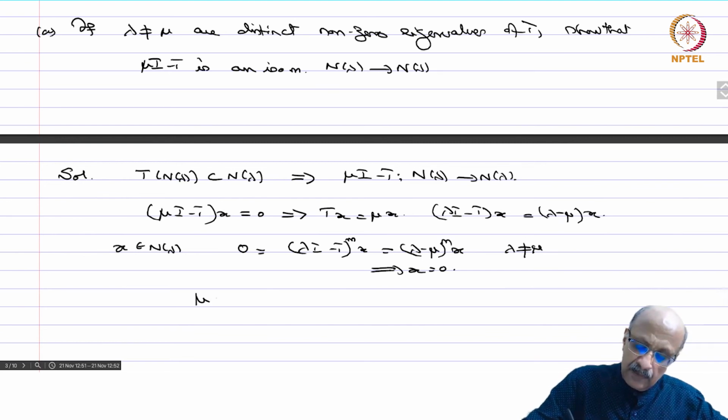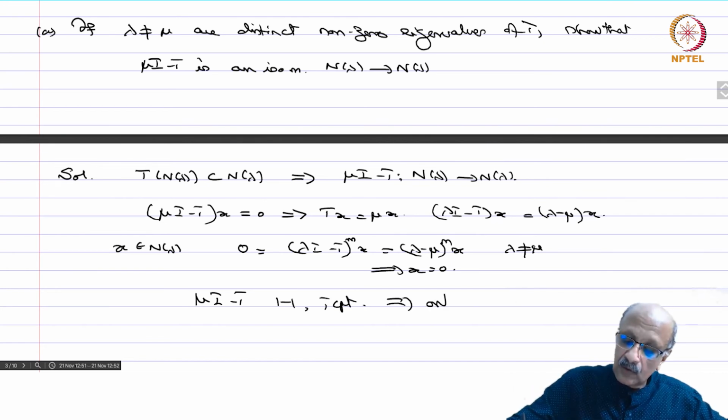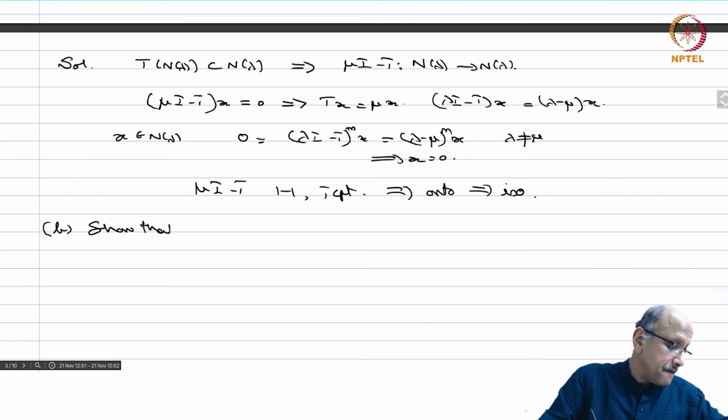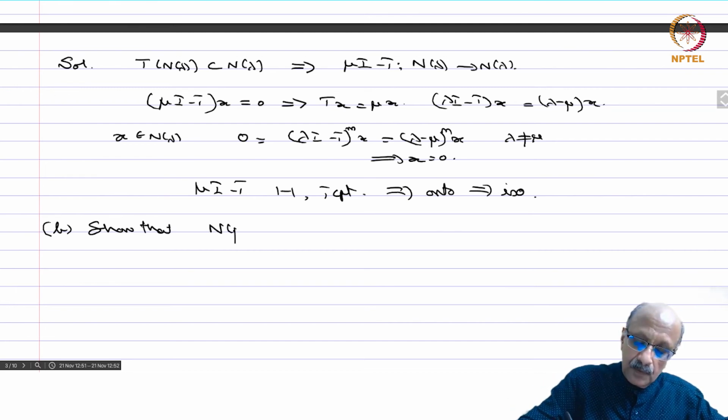Okay, so mu I minus T is 1-1, T compact, and this implies onto and implies it's an isomorphism. B, show that N(mu) is contained in F(lambda).